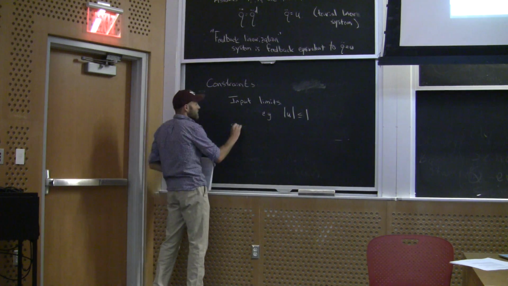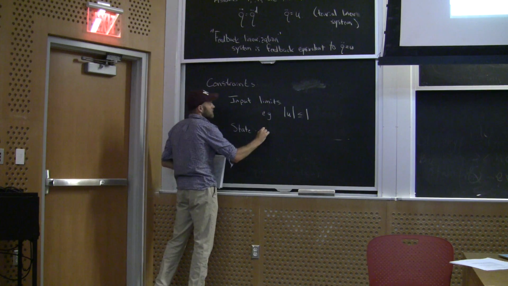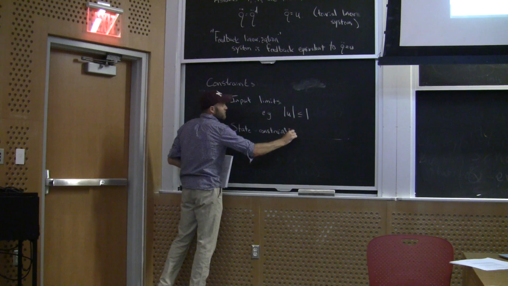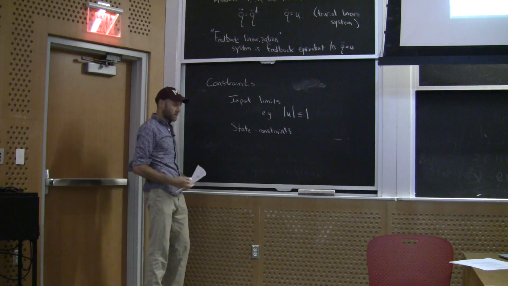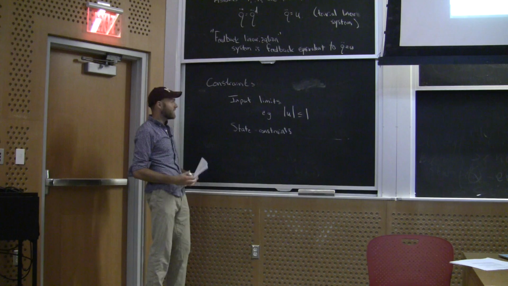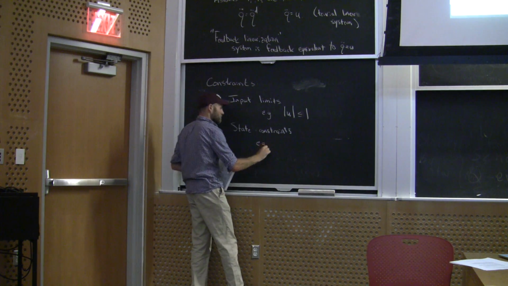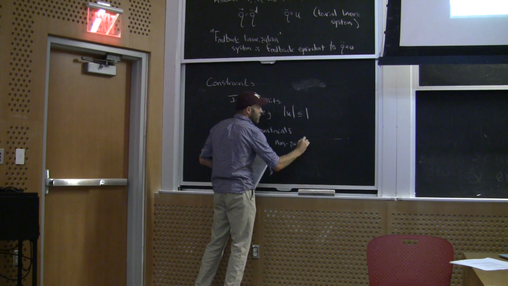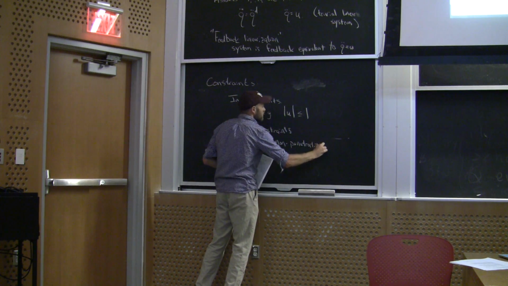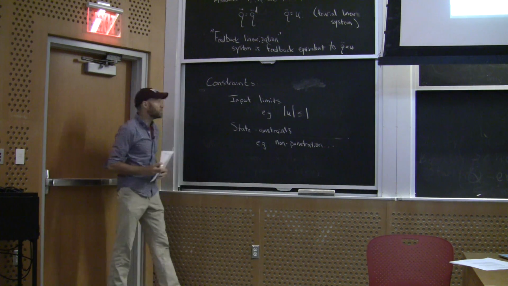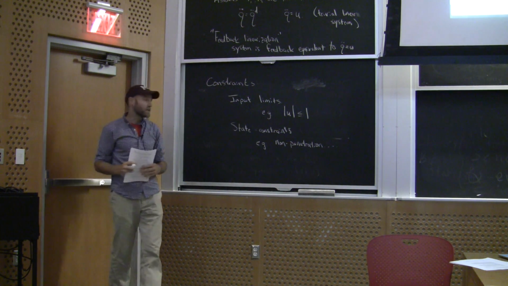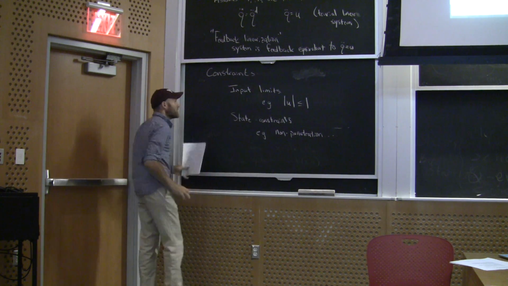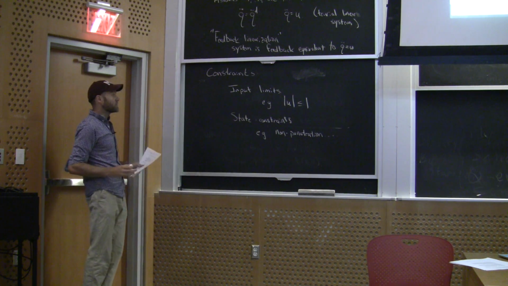State constraints can get in the way too. State constraints show up all the time, like if I say that my object is moving through space but can't penetrate the table. Or I don't want my quadrotor to fly into the tree. Other things can interfere with the ability to just change the dynamics arbitrarily. So there are other ways that you can break this ability to do feedback linearization.